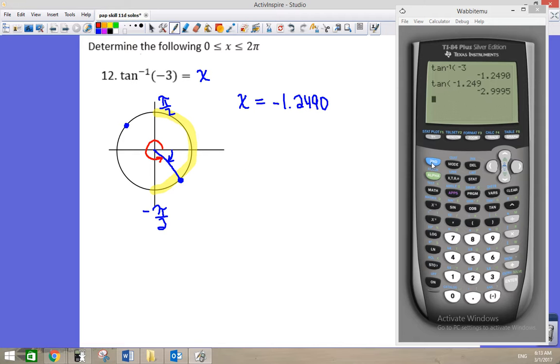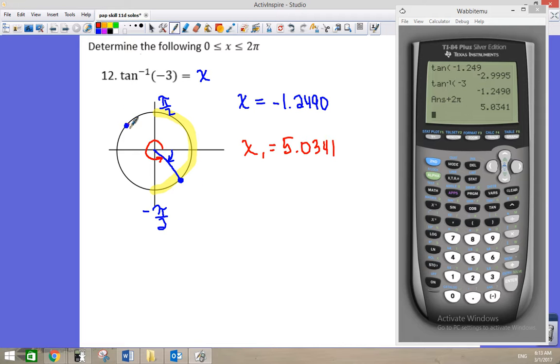So if I've got the inverse tangent of -3 that comes back negative, if I add 2 pi, I'm finding a coterminal angle. And my first solution is this 5.0341.